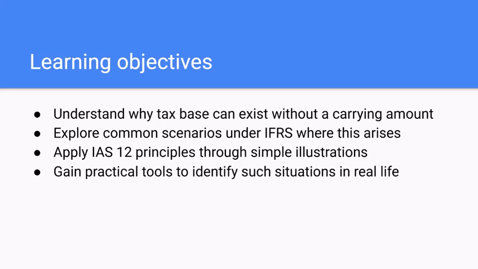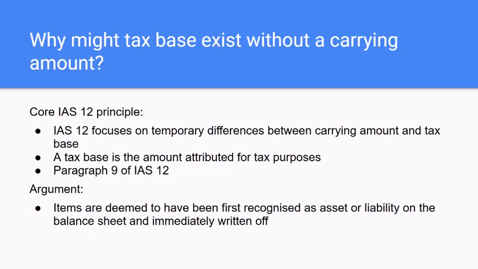Then, as a closing point, I'll give practical tips on how to identify items with a tax base that don't have a current amount in real life situations. Hopefully, you find them useful. I'm hoping that you achieve these objectives at the end of this session. If you don't fully achieve them, just drop a comment and I'll hopefully be able to answer your questions.